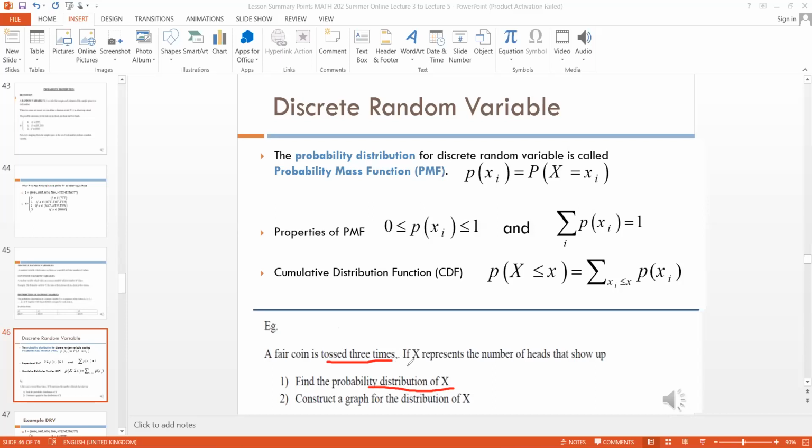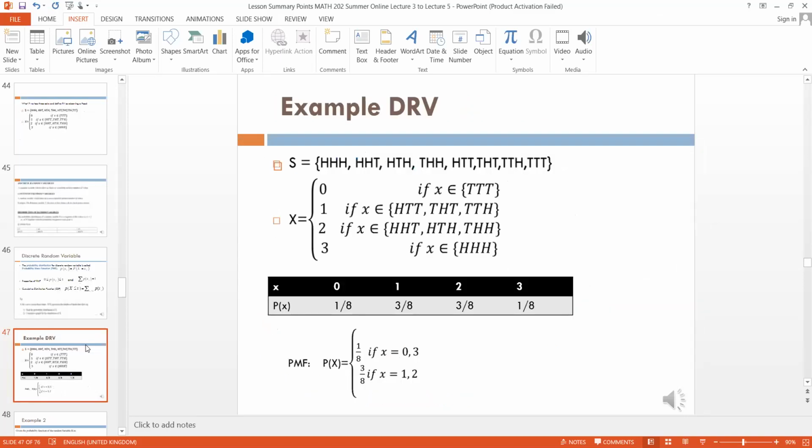X represents the number of heads that show up in the experiment, and we have to find a probability distribution. Like we said, the probability distribution is the list of the outcomes with their corresponding probabilities.